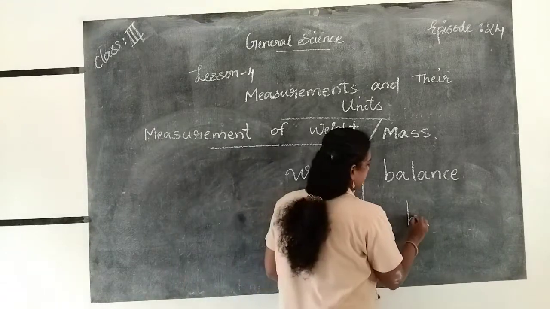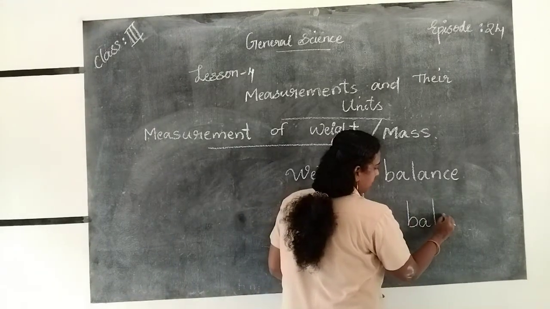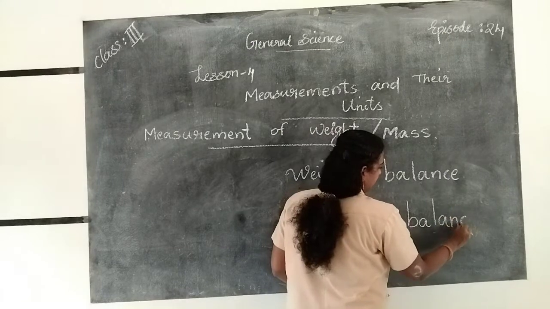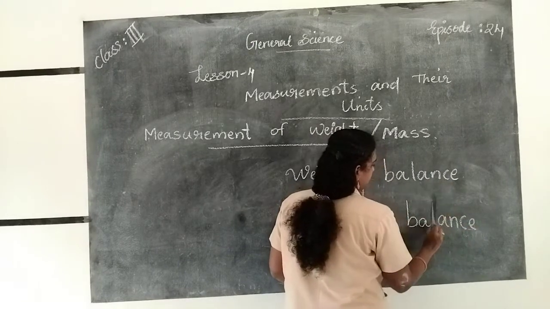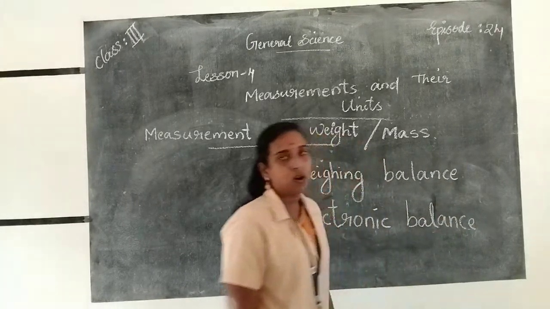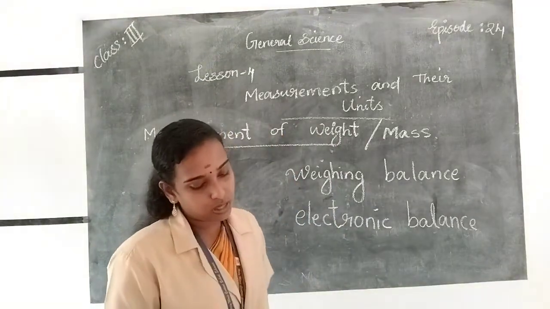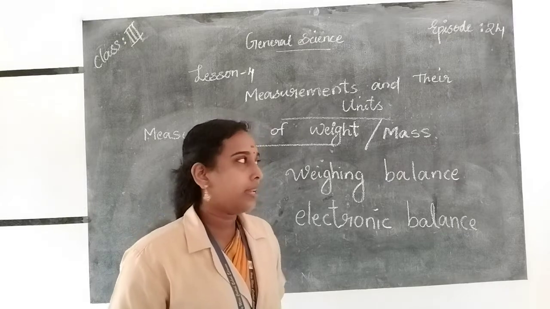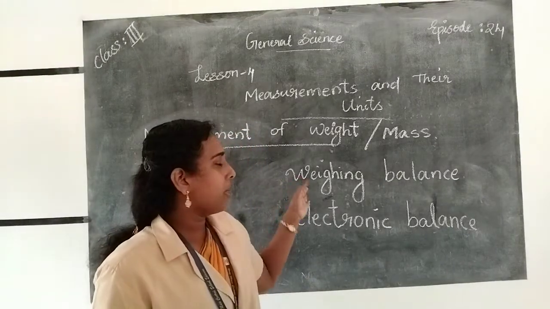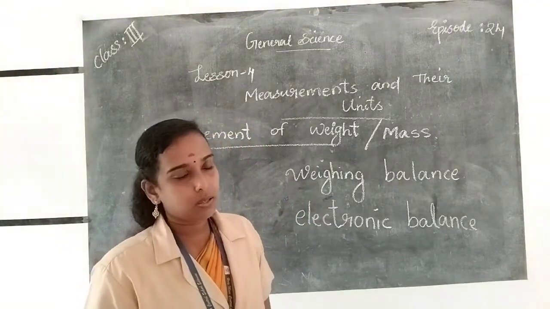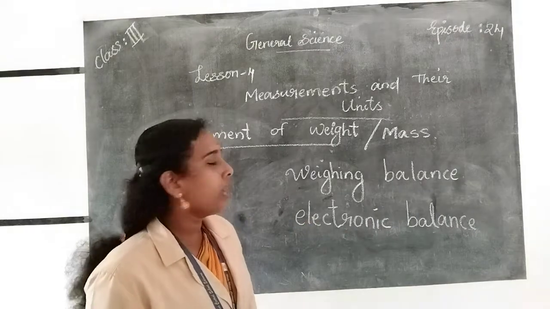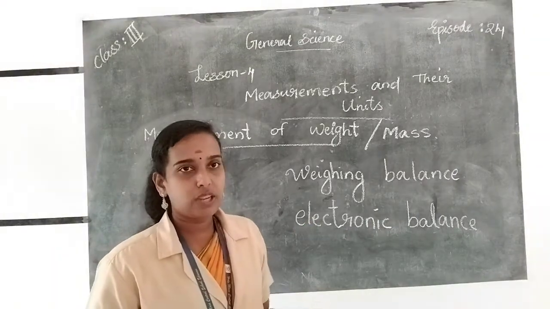So the weighing balance is used to measure the weight of articles and is commonly used in shops, and the electronic balance is used to measure the weight of jewelries.